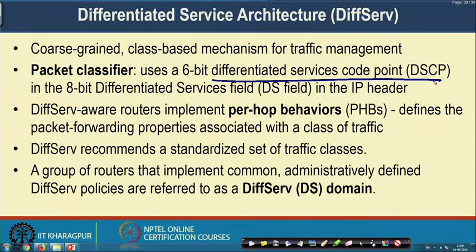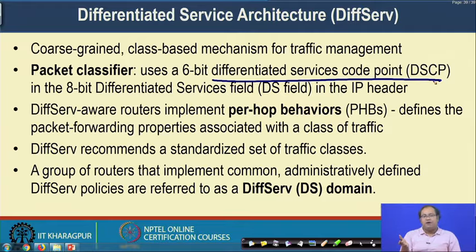But in case of differentiated service architecture, we do not have that level of flexibility. We do not have this kind of user specific quality of service, rather network wide we have some fixed classes of services, and those fixed classes of services are determined by this DSCP field.